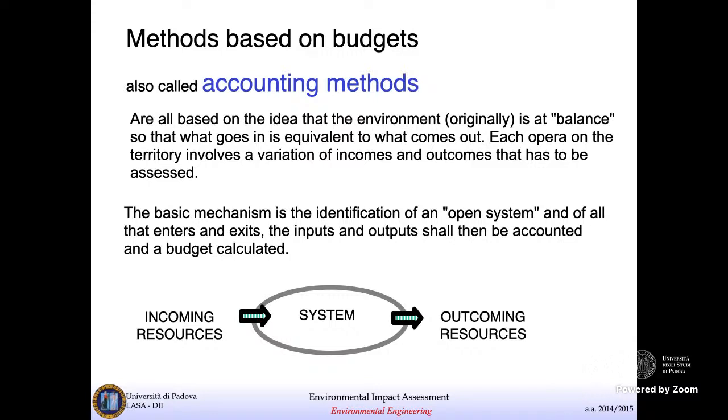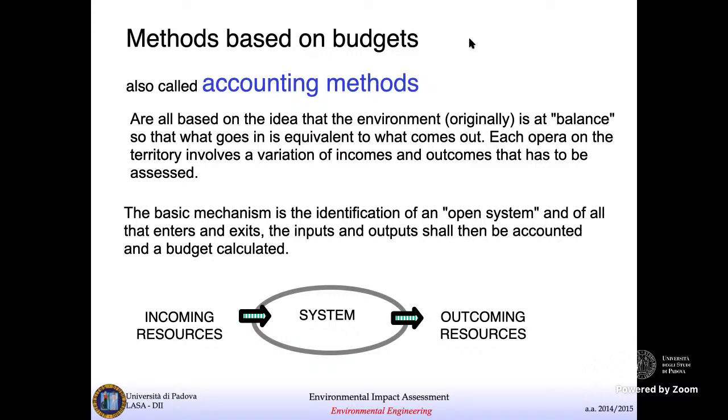The basic mechanism is the identification of an open system and of alternatives, and of all that enters and exits from the system. So the inputs and outputs shall then be accounted and a budget calculated.